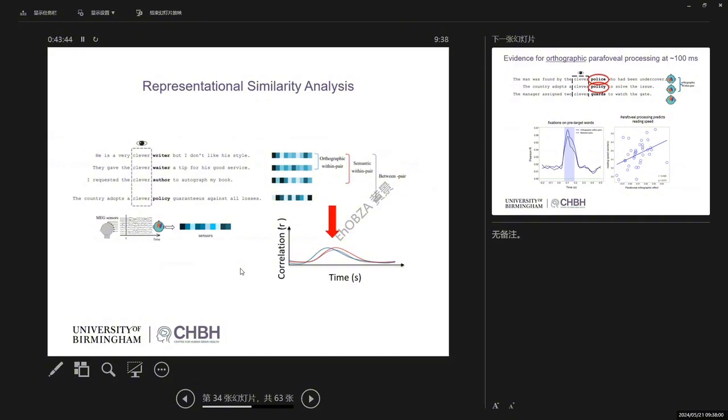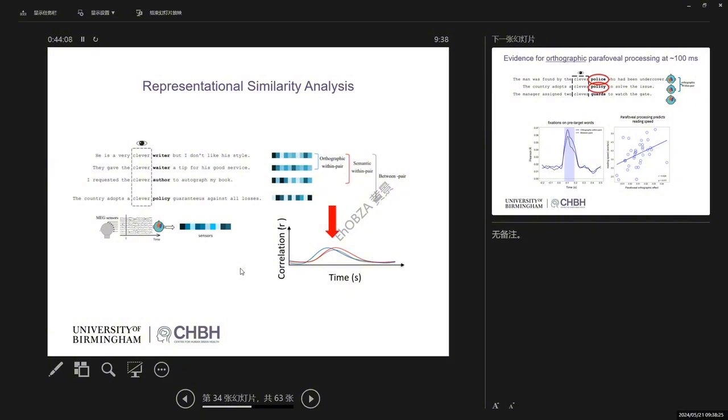As I mentioned, we do a representational similarity analysis. And basically, we are simply looking into the brain activity. So these color squares reflect 1 to 306 sensors. And then we simply do the correlation of brain activity for these respective word pairs, right?